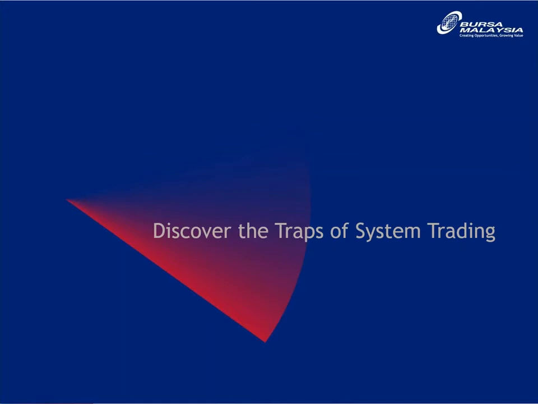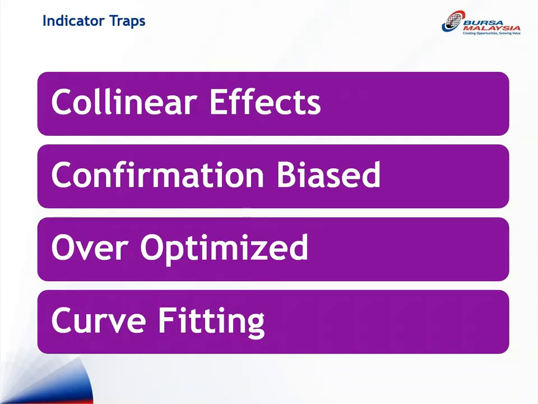Now, using system trading has got the benefits because you can filter thousands of stocks in just seconds. But it also has got a lot of traps. A lot of people have been trying trading systems, but you might not actually get the result you wanted. The reason is because there are so many traps there. First, there will be collinear effects.